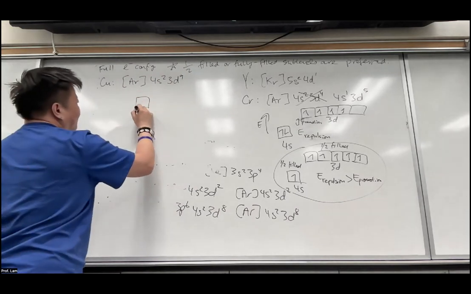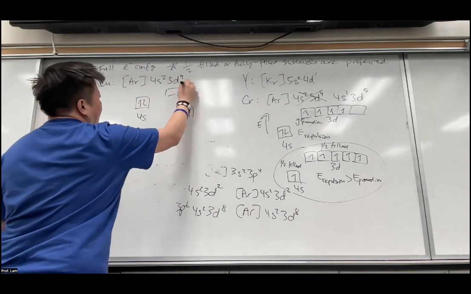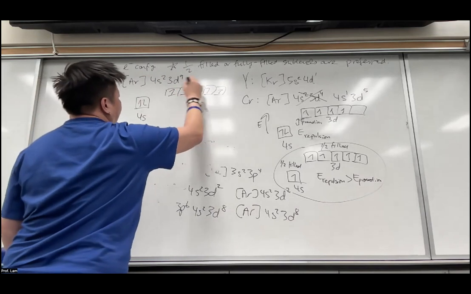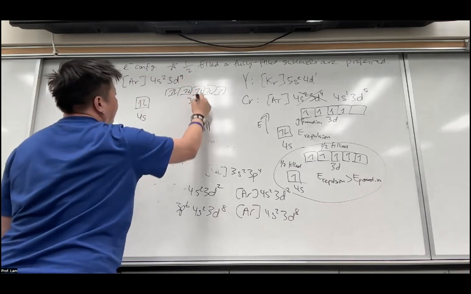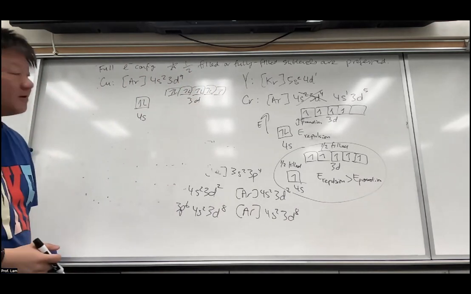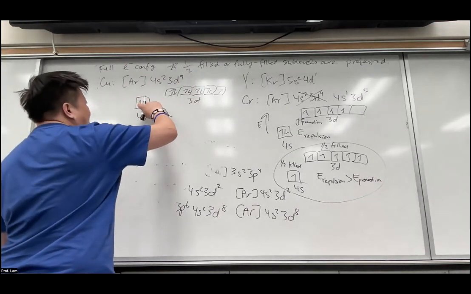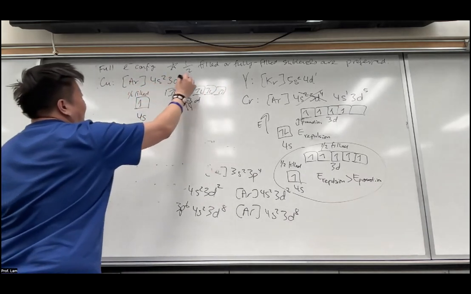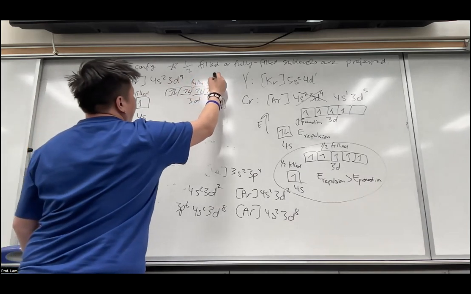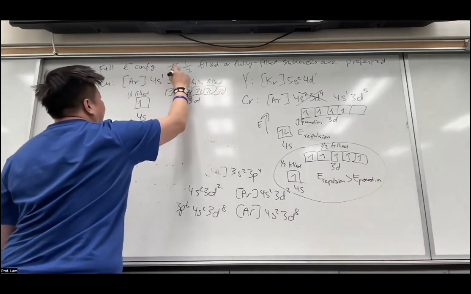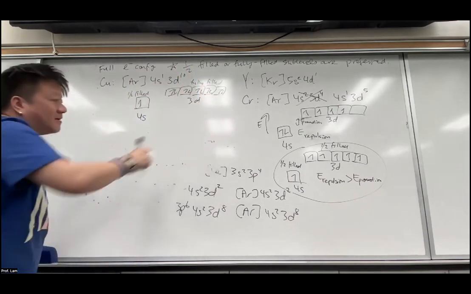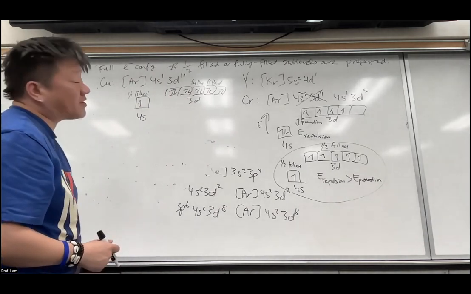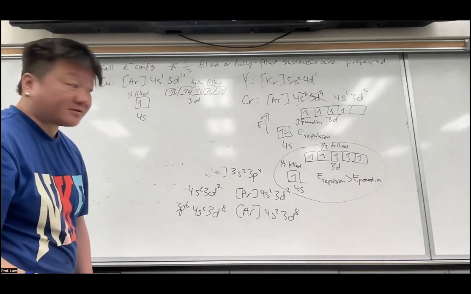If you do that, one, two, three, four, five, six, seven, eight, nine. Huh. What if we take this electron and put it up here instead? We could have this one half filled and this one fully filled. So the same thing happens as with chromium: one electron from the s goes up into the d. So 4s1 3d10 is copper's electron configuration, right?